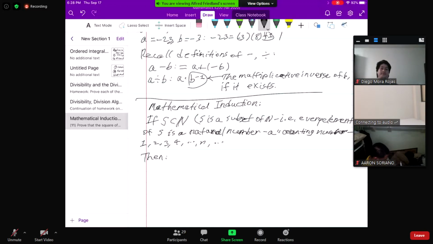Then, if 1 is contained in this subset of the natural numbers S, and let me write this in two ways.